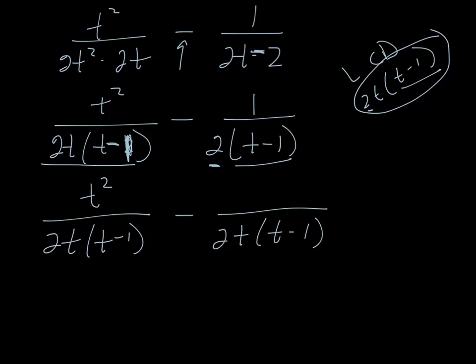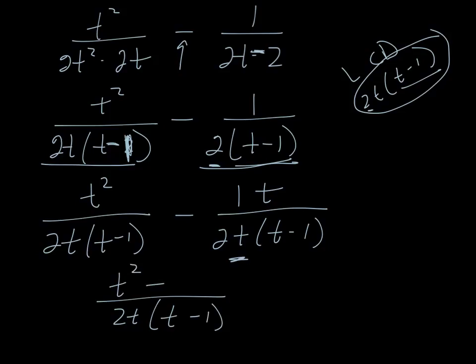But it didn't used to be that. It didn't have a t before. So if I multiply the bottom by t, I have to multiply that top by t as well. Okay, now I've got a common denominator. Let's all write it under 1. So 2t, and then t minus 1. And then on the top, I'll have t squared minus 1t.